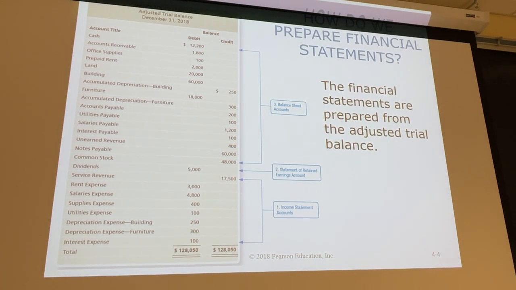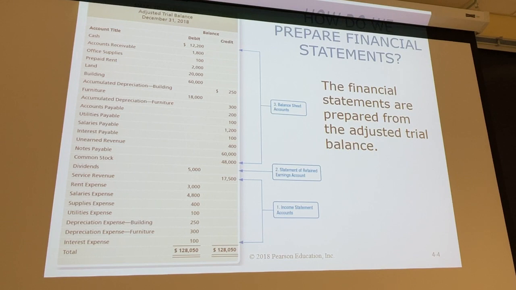One thing that's a little misleading about the way the authors do this is that for the statement of retained earnings, they only show one account here, which is dividends. Normally, you would also see retained earnings there. The reason they don't show retained earnings is that for this sample company, they're assuming it's a brand new company, therefore the beginning balance in retained earnings is 0.